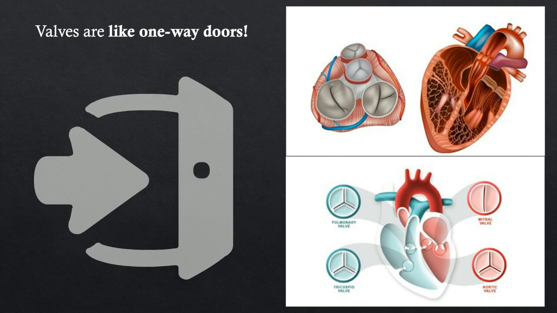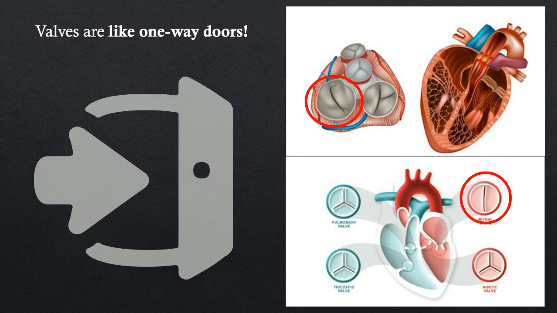Each valve has a set of flaps called leaflets or cusps. The mitral valve has 2 leaflets, while all the others have 3. The leaflets are attached to and supported by a ring of tough fibrous tissue called the annulus. And the annulus helps to maintain the appropriate shape of the valve.